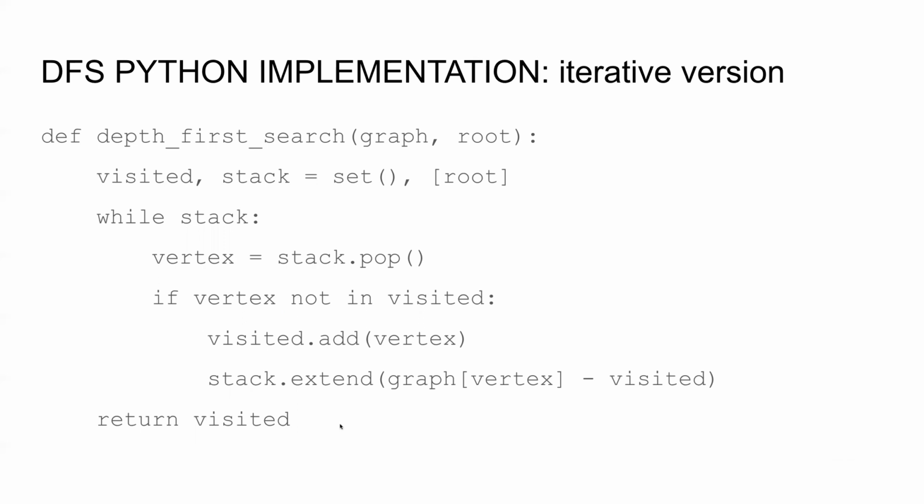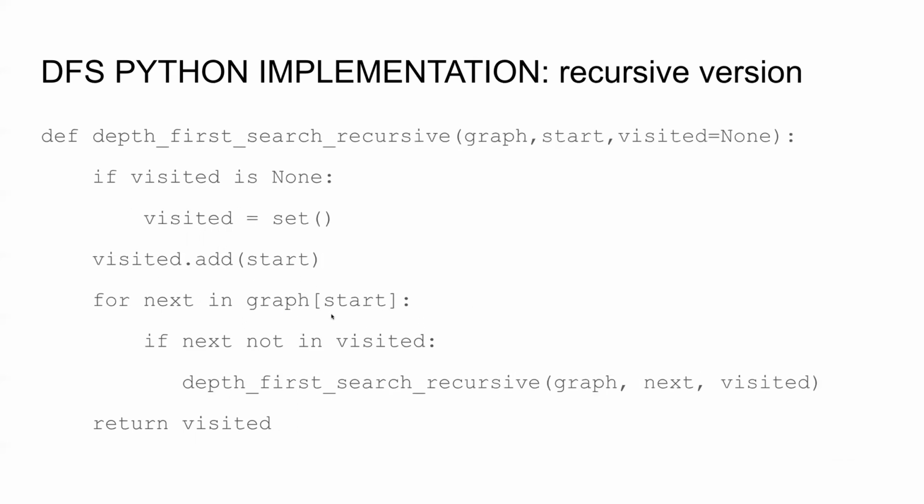Now, oftentimes we don't use the stack. Why? Because a function stack is naturally a stack that we can use. So oftentimes we implement this as a recursive function. This is a more typical way of doing DFS using recursion: graph, start, and visited. Visited is a set to begin with, and you add the start.